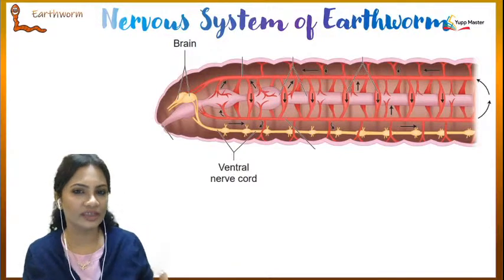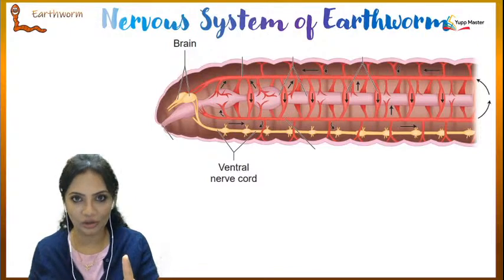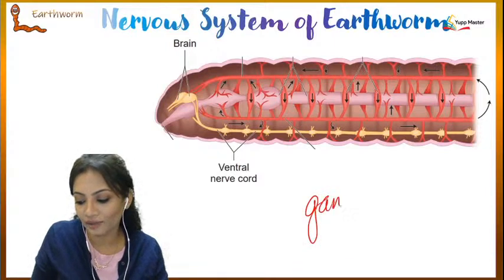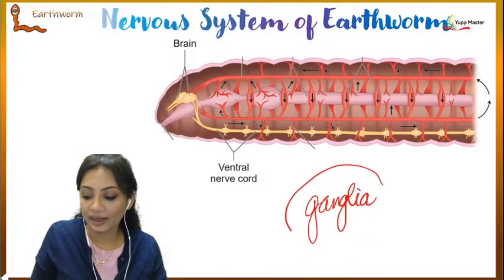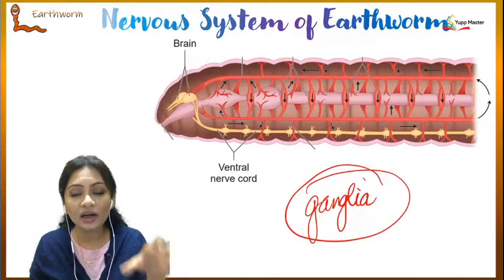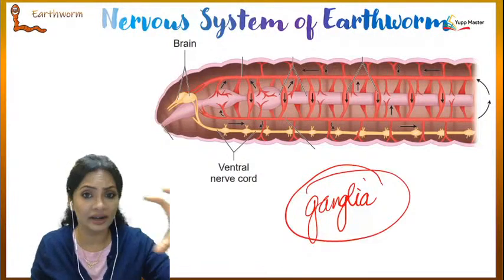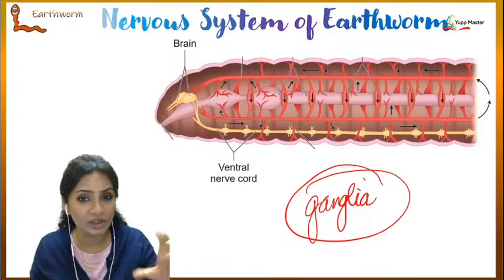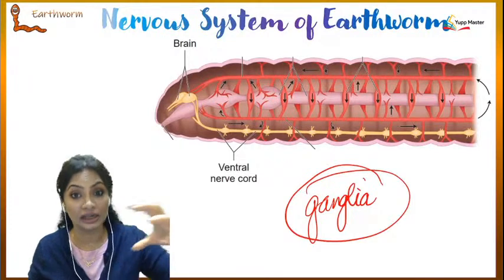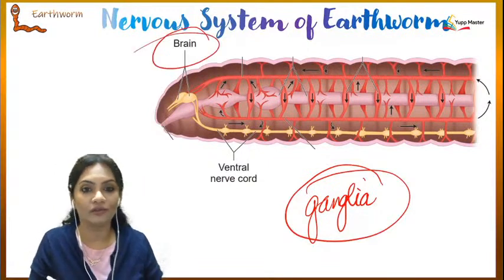Now, if you've seen my previous lectures, I've taught you that a collection of cytons is called a ganglia. Remember this word? Okay, collection of cyton is called ganglia. So basically, there are these huge ganglia which are present near the head region, or near the initial segments of this earthworm. And because there are huge ganglia present in the initial segments, we're going to be calling these the brain of that earthworm.